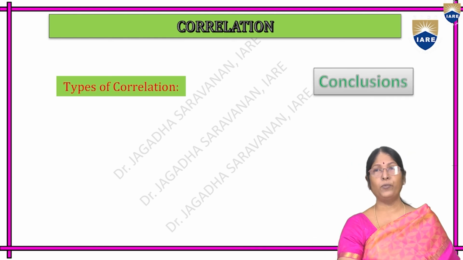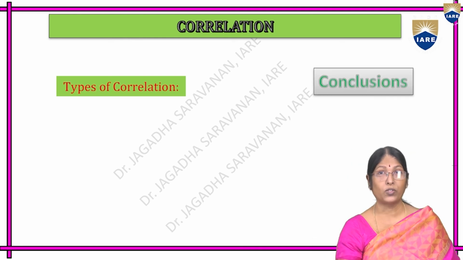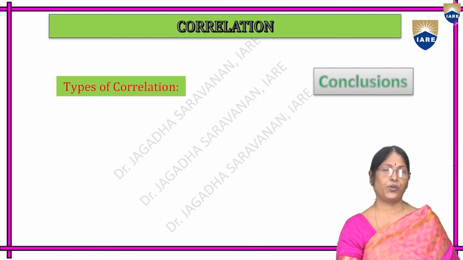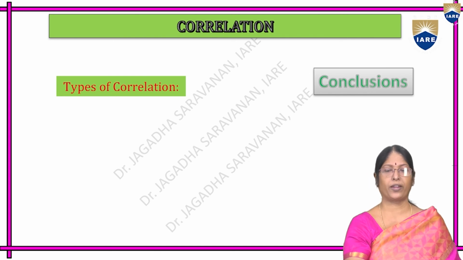So we will come to the conclusion of this topic, correlation, in the subject probability and statistics. We discussed correlation, the relation between the variables. Types of correlation: positive correlation, where the variables move in the same direction.